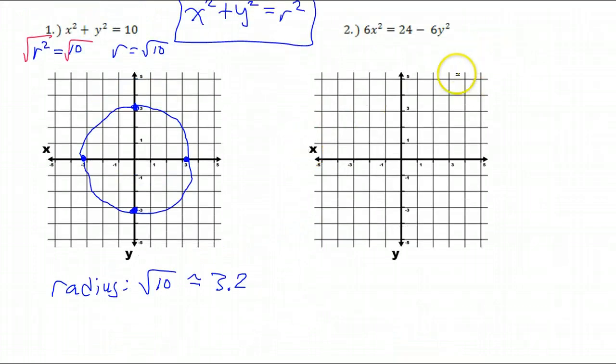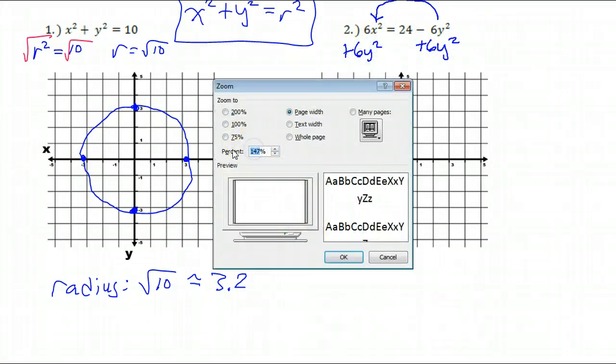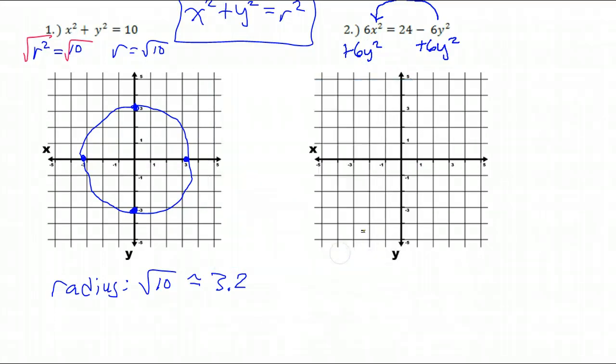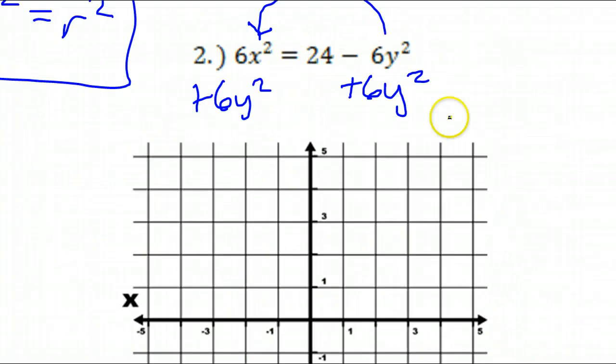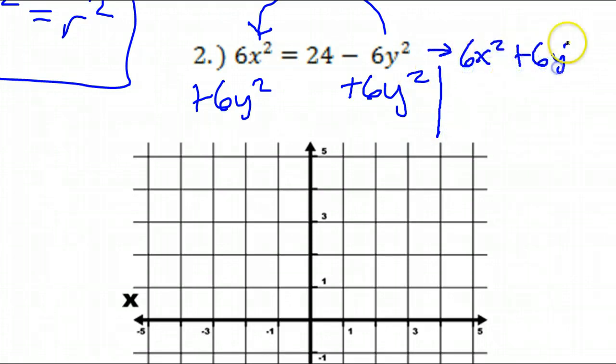Number 2. Before I can really do anything, it would help to get this in standard form. So let's add 6y squared to both sides. If I do that, then now I've got 6x squared plus 6y squared is equal to 24.